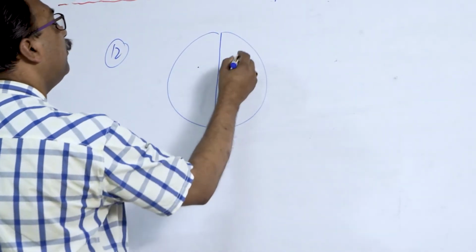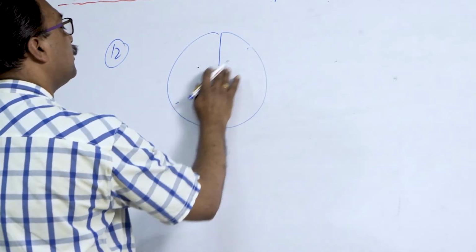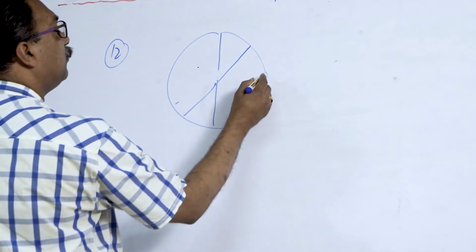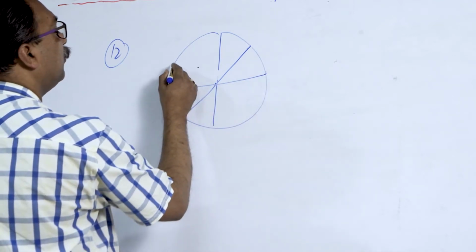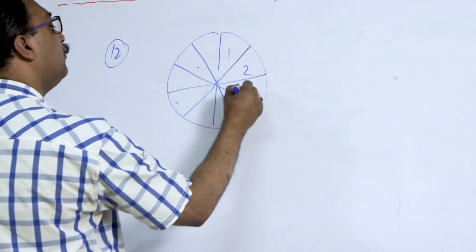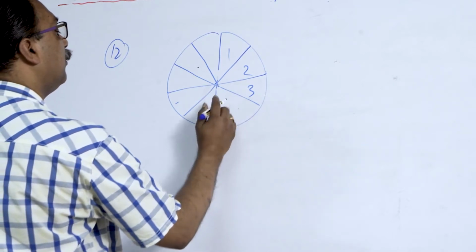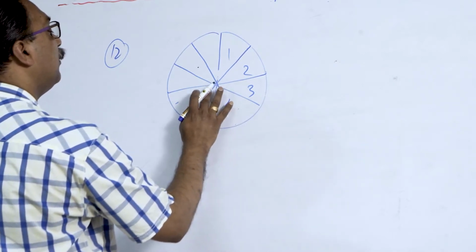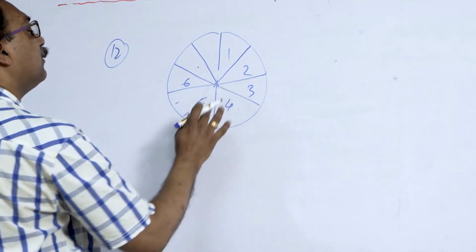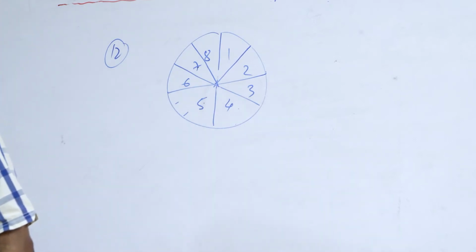1, 2, 3, 4. Sorry, it's passing through the middle. 1, 2, 3 and 4. Then 5, 6, 7, 8. 8 numbers we have.